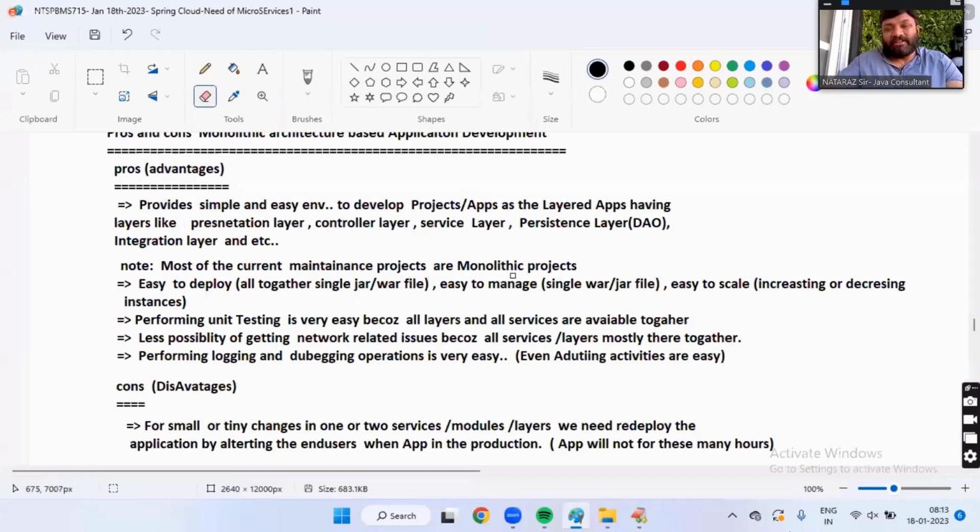Microservice architecture came 4 or 5 years back. Before that, every project was monolithic.